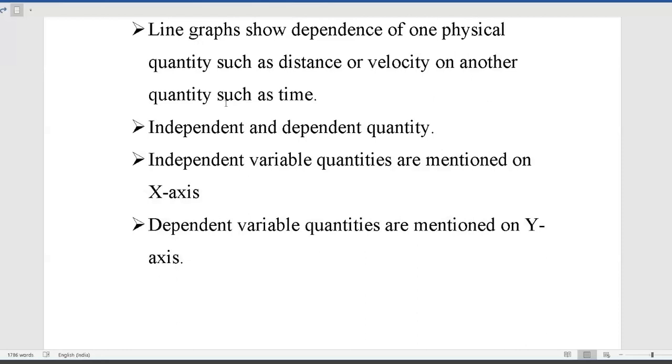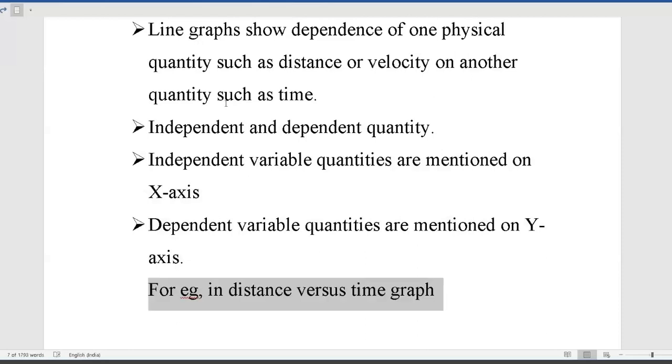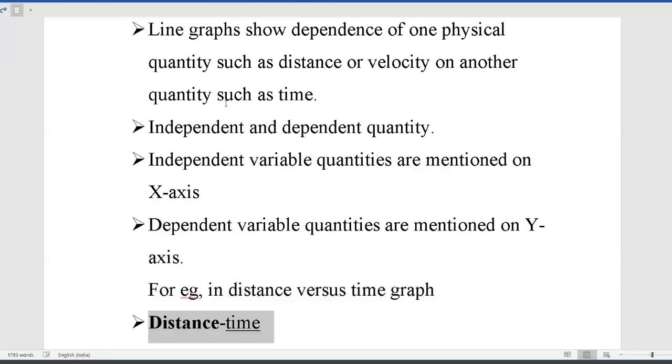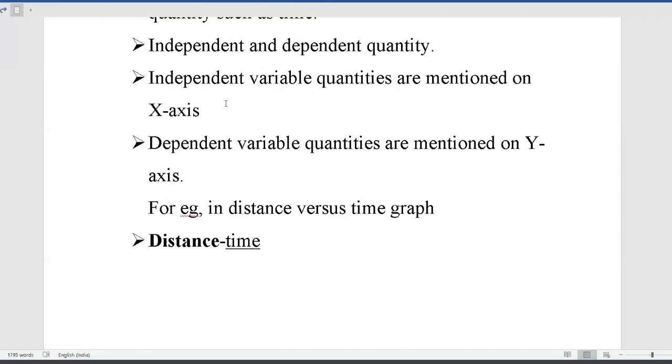For example, in distance versus time graph, we can say that distance is dependent and time is independent quantity.